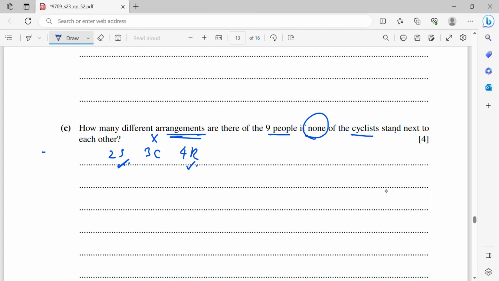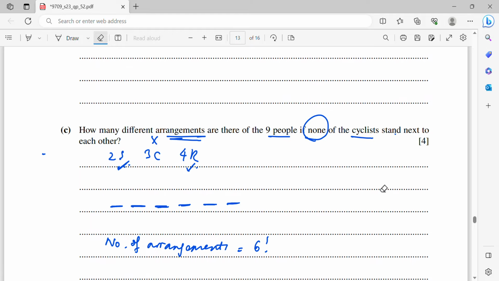So I have to arrange these 6 persons. So I will draw 6 lines, 1, 2, 3, 4, 5, 6 for the R and S. To arrange this, number of arrangements will be 6 factorial because all these are different persons.